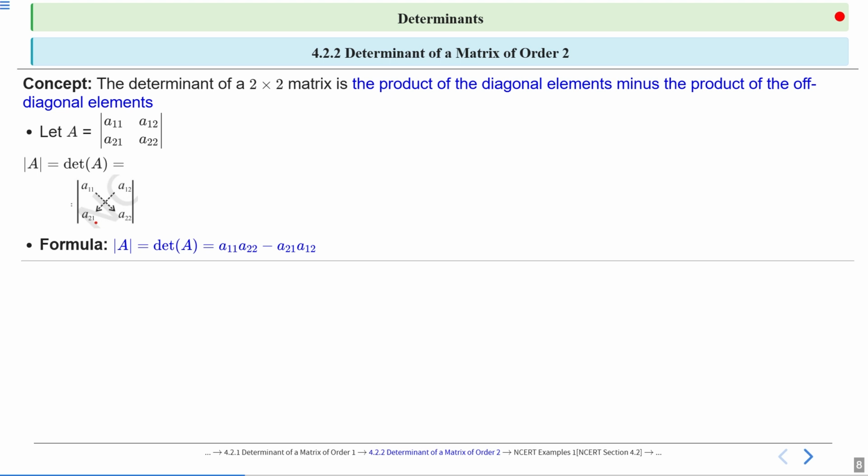So if we want to find the determinant of a 2 cross 2 matrix A, just multiply the product of diagonal elements minus the product of off diagonal elements. First take A11, A22 as represented by the arrow, and then minus the second arrow, A21, A12.